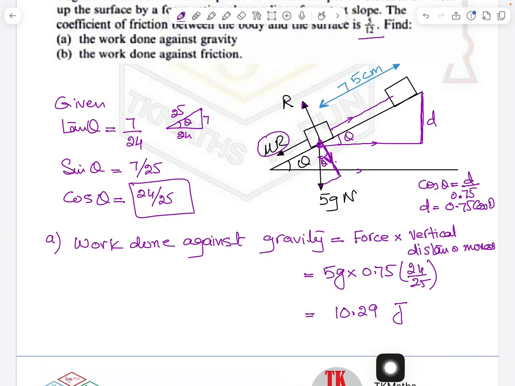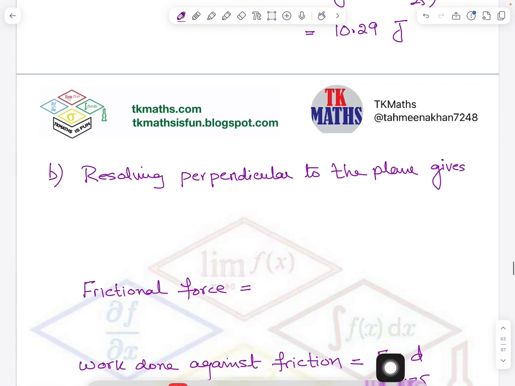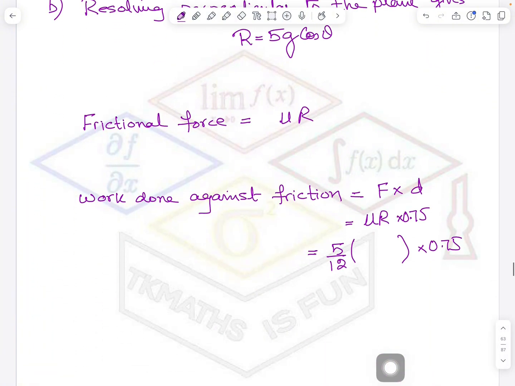So this part, if I see here, is equal to 5g cos theta. Correct? 5g cos theta. So R is equal to 5g cos theta. So if your frictional force is mu R, then R is 5g cos theta.